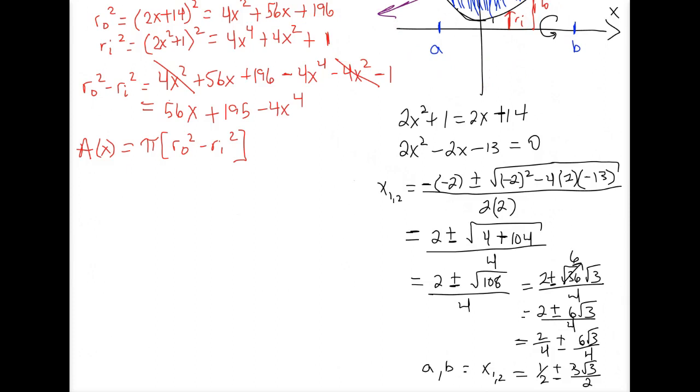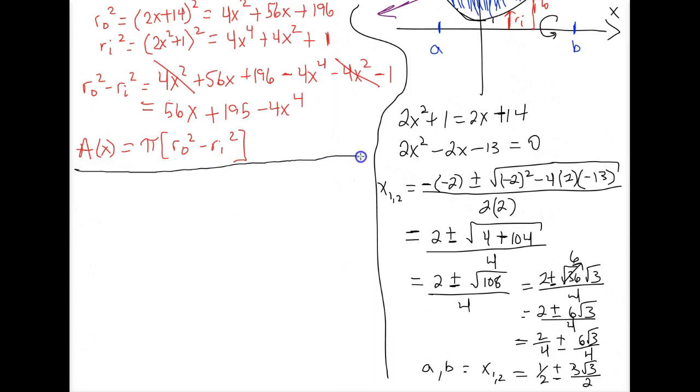All right, so section some of this stuff off here. So this part was just finding out what our A and B was. This part here is actually trying to get to the area. So our volume is just going to be A to B, A sub x dx, which will be pi.